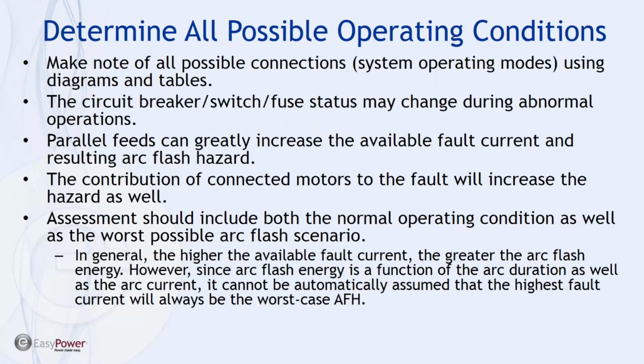Again, by talking to the local team or the maintenance group, it's important to understand all possible operating configurations of the system, including parallel feeds, cross ties, additional current sources or energy sources, standby generators, and multiple utility services.